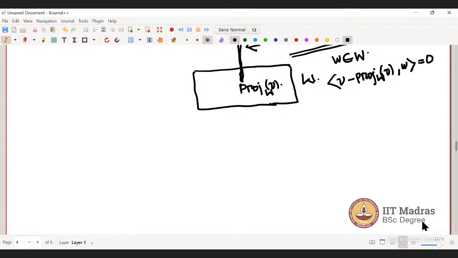Okay, so let me do 8.3, question number 6. Consider an orthonormal basis, then which of the following vectors?